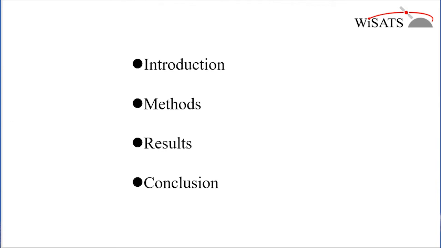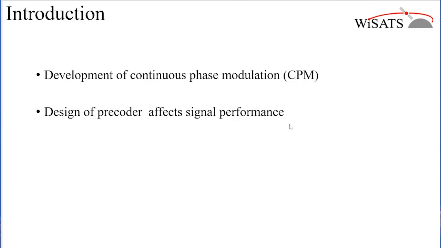Firstly, the content of the introduction is divided into two parts. The first part focuses on the development of continuous phase modulation. Recently, as a spectrally efficient modulation scheme, continuous phase modulation has attracted great attention.